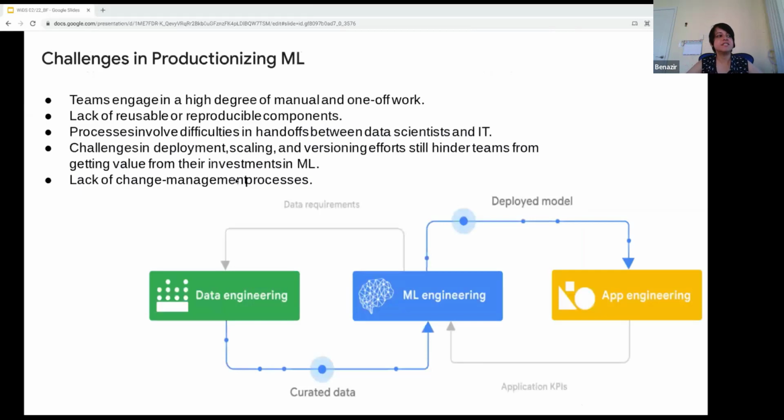Some challenges that we see: enterprises end up creating a data engineering team, an ML engineering team, and an app engineering team. Before production ML models were common, industries had DevOps type teams.